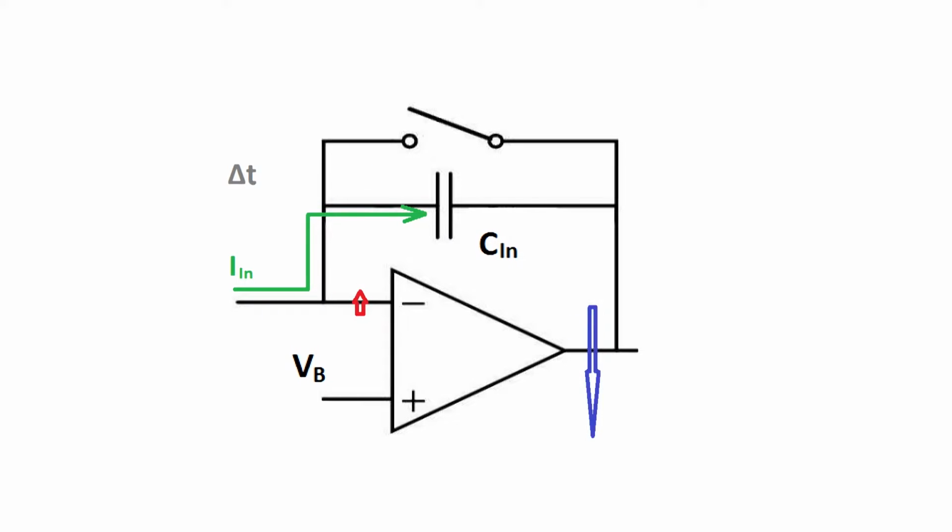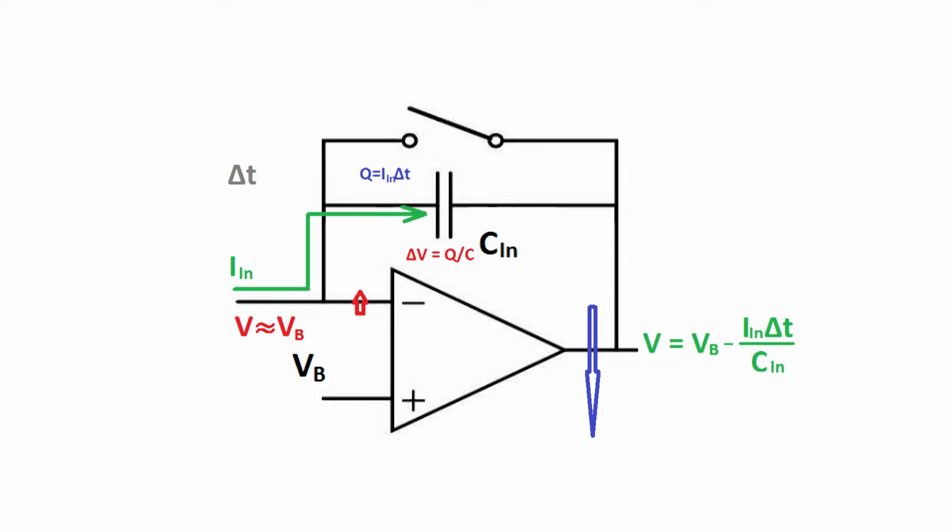If the voltage at the inverting input of the OTA goes up a little bit, then the output will swing all the way down, since the amplifier has a huge gain. However, the amount of charge on the capacitor is fixed, and so is the voltage across the capacitor. Therefore, almost all the voltage drop will happen at the output, while the input is held approximately at the bias voltage VB as long as the output doesn't reach the limit.